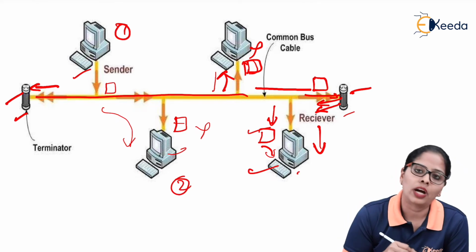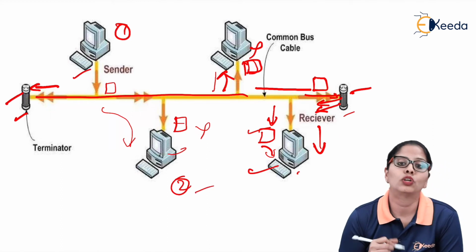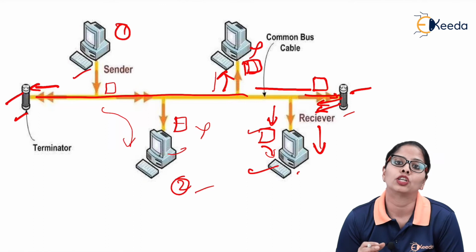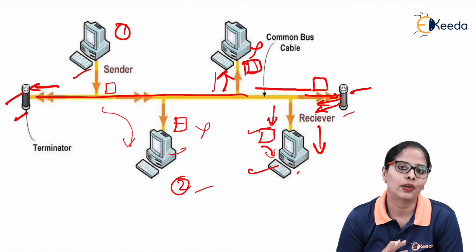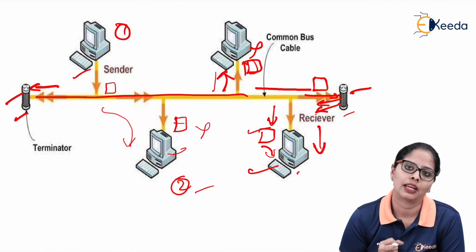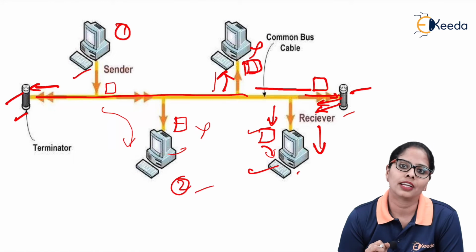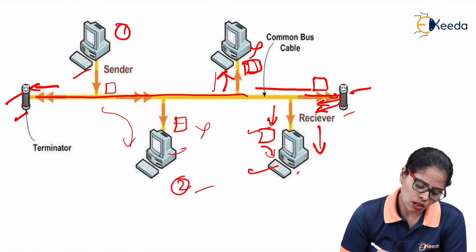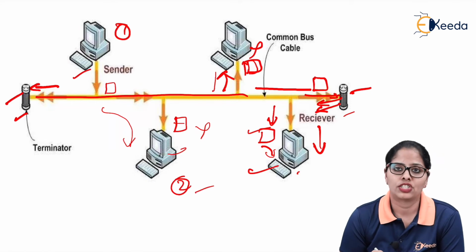If computer 1 wants to send, and computer 2 also wants to send, if both send at a time, then the two packets collide. I don't want that. So whenever they are sending data, they first have to take control of the cable and only then send the data. There are different access techniques to avoid the collision.